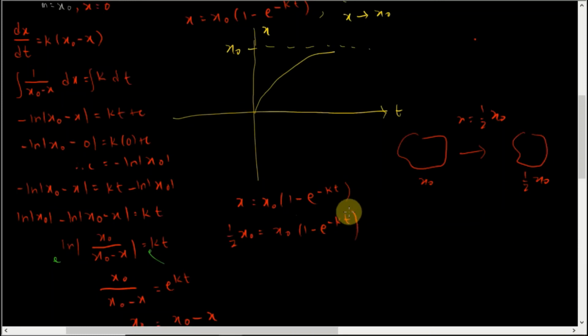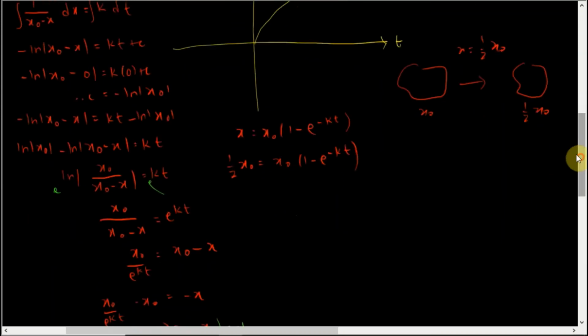So what we want is to find the time, so we want to find t. Here we can cancel x naught. And then if I rearrange this equation, I will get e^(negative kt) equals 1 minus half, so e^(negative kt) equals half. Continuing, if I ln both sides, I will get negative kt equals ln half, or negative kt equals ln 2 to the power of negative 1, bring it up, or negative ln 2.